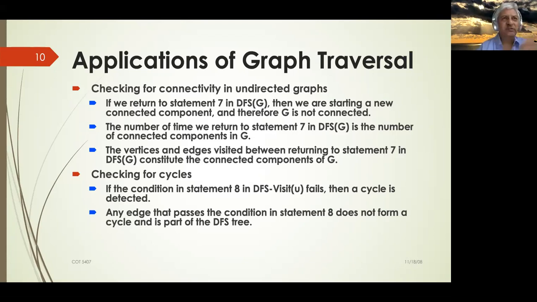So any edge that passes the condition in statement 8 does not form a cycle and it's part of the tree. So that's why the big fat edges are marked in that if statement of statement number 8, and there you only get tree edges. But the moment you see something that's not part of that if statement, if it fails there, it's an edge that leads back and so therefore forms a cycle.